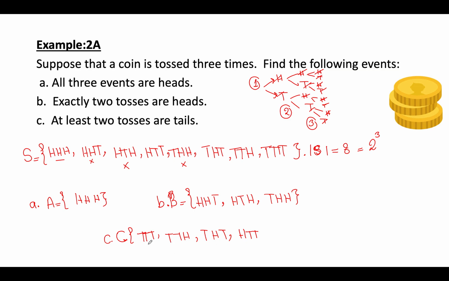So it might be T, T, T, T, T, H, T, H, T, or H, T, T. So here we've got 4 possible outcomes in this event.